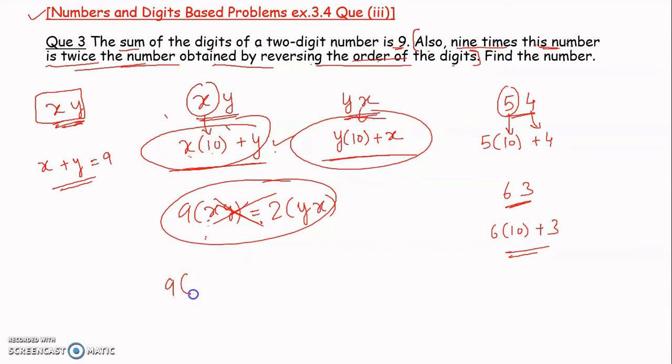So we can write 9 times (x multiplied by 10 plus y) will be equal to twice (y multiplied by 10 plus x). This is the correct equation. Now you got this correctly. Okay, let's solve it properly.